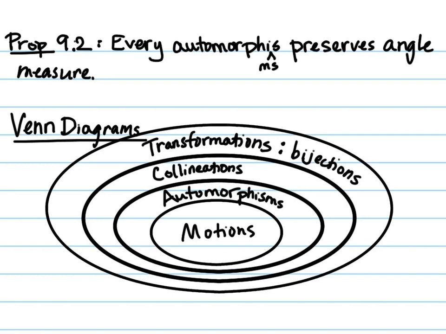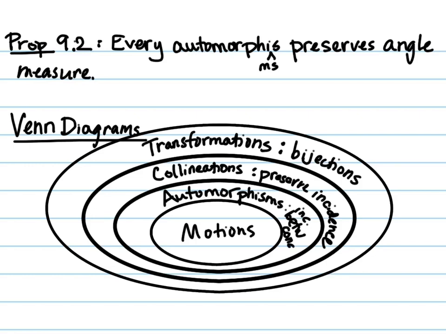And then if we focus a little bit more specifically, we preserve incidence. And then when we get a little bit more specific, not only do we preserve incidence, but we preserve incidence between automorphisms and congruence.